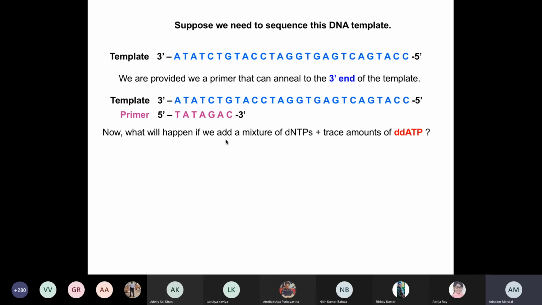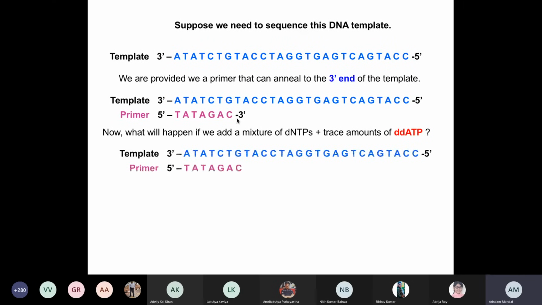For that you add a dNTP mixture, where you have added dATP, dGTP, dCTP and dTTP. But along with that you have added a very trace amount of ddATP. What will happen? There will always be a chance that whenever the polymerase finds a T, it will try to incorporate this ddATP. If by mistake it incorporates the ddATP, the chain will be terminated there, right?